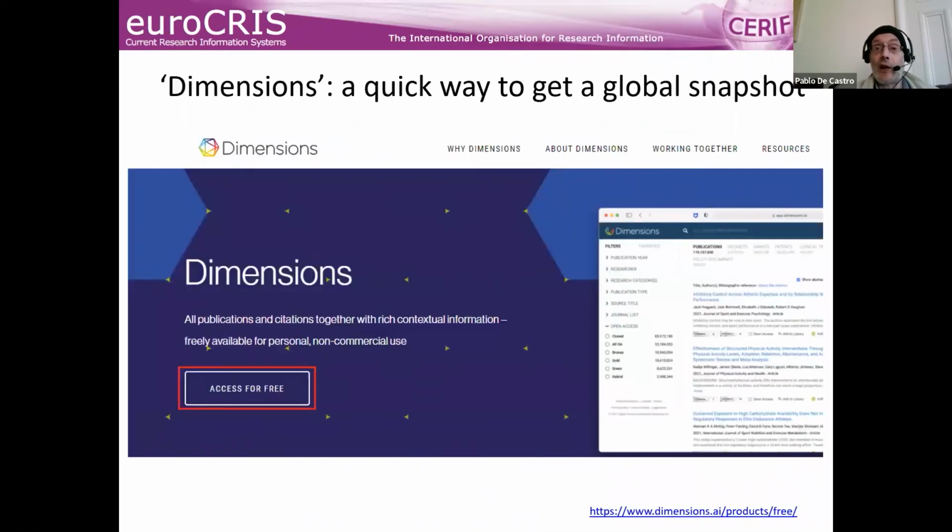So there is a commercial solution called Dimensions by Digital Science that has an access for free, as you can see on the slide, and you have the URL again there in case you want to check it.